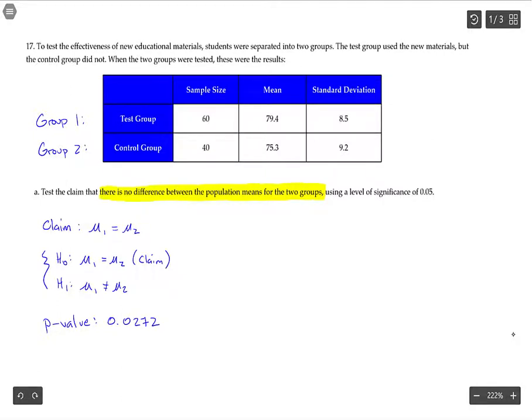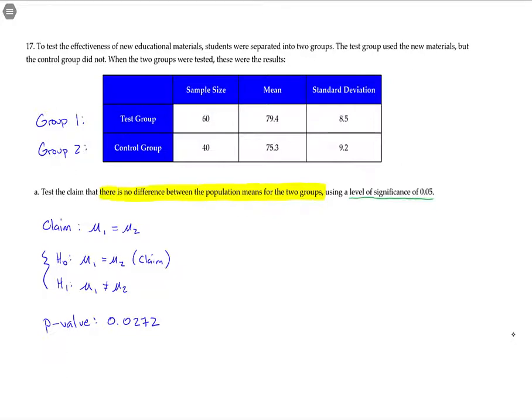All right, now that p-value we need to compare to the level of significance. So the level of significance is always given somewhere in the problem to use, and in this case it's 0.05 or 5%.